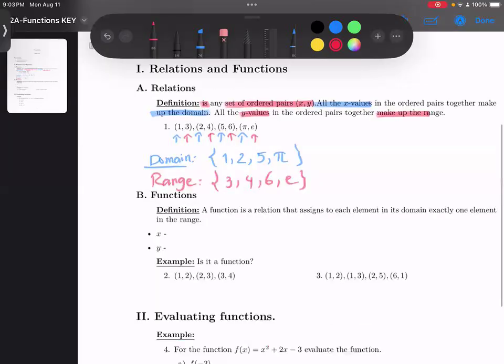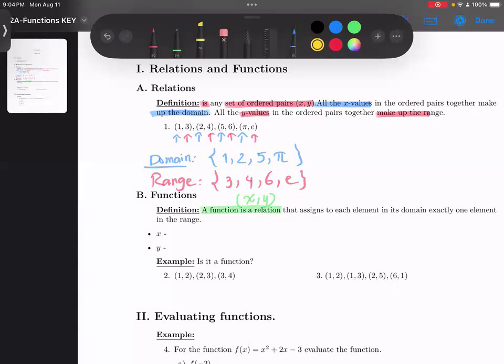Okay, now function. A function is a relation, meaning it's still an ordered pair (x, y). The only difference is that in a function, you assign to each element in the domain exactly one element in the range.